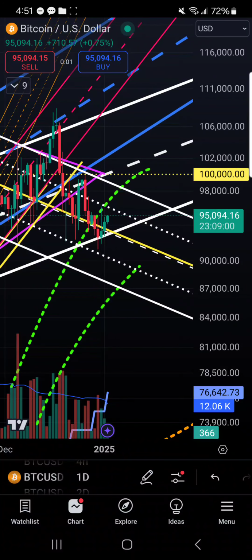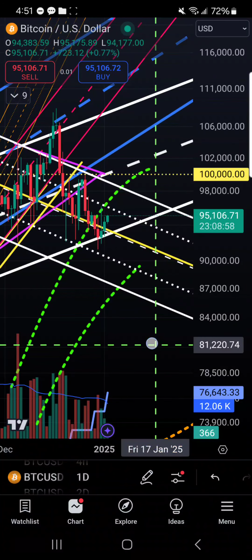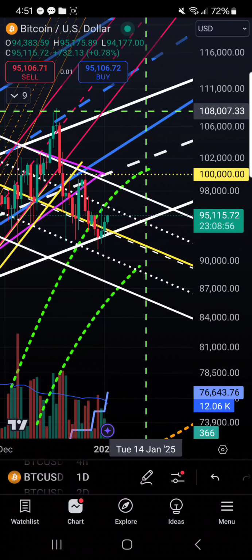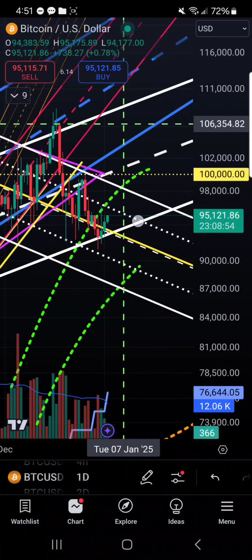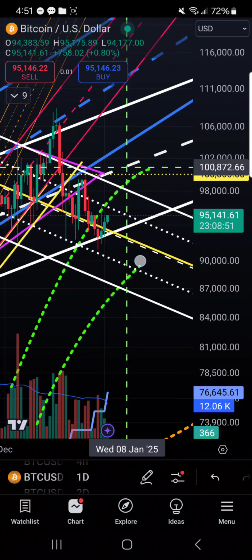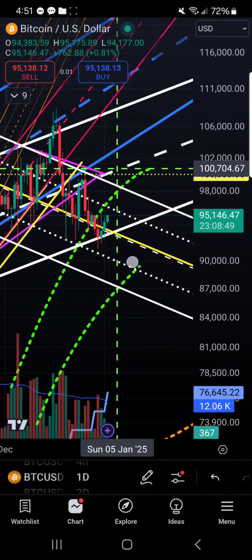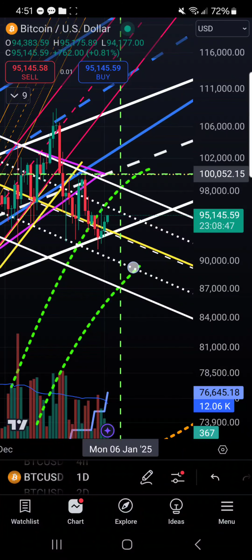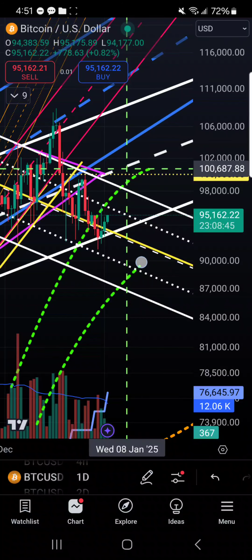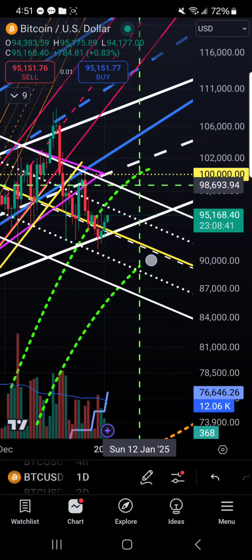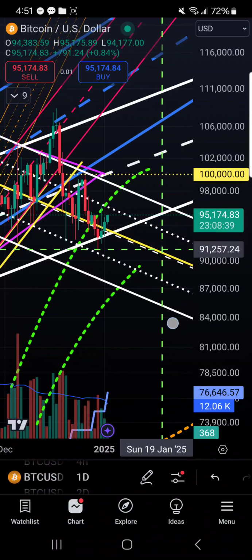We're above 95 now. Yeah, I think we're going to rally to the top of this channel back up to 108. Now, we might not get there. Maybe we only come to 100. Maybe we get back up to 100, and then come crashing back down to where we're at now.